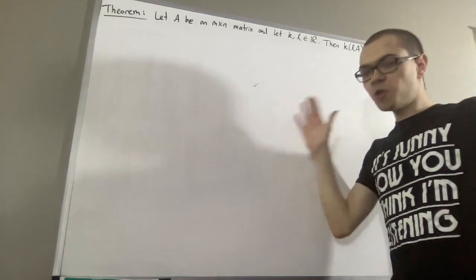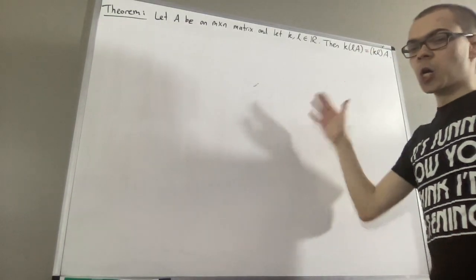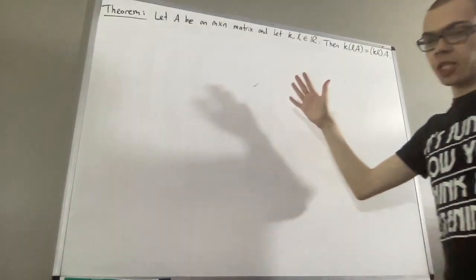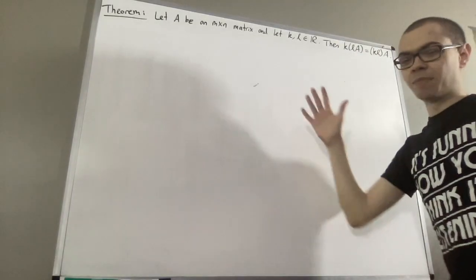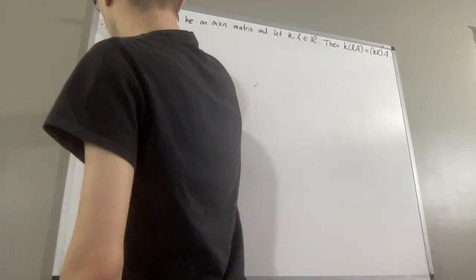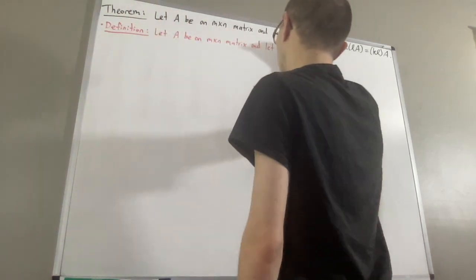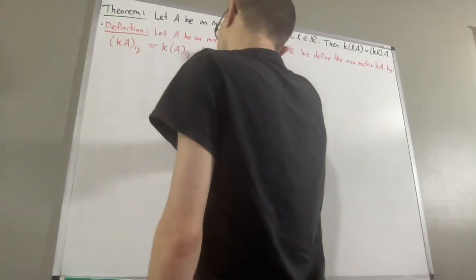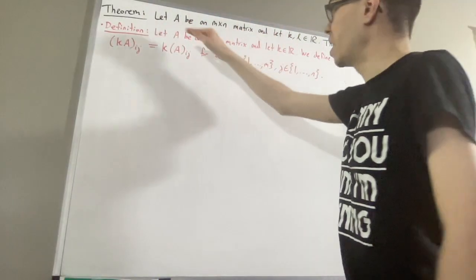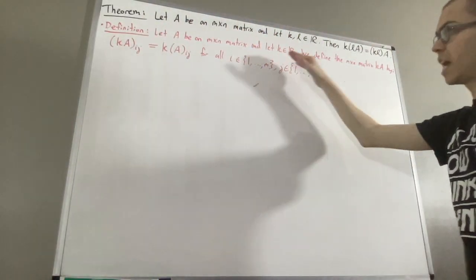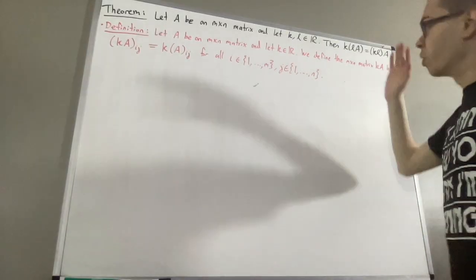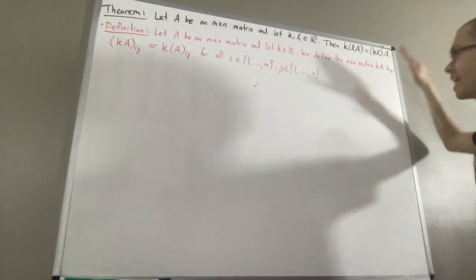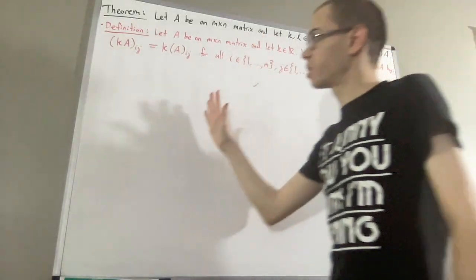Now, let's first remind ourselves of our definition of scalar multiplication, where we do a scalar times a matrix. Let A be an m by n matrix, and let K be a real number. We define the m by n matrix KA as follows.